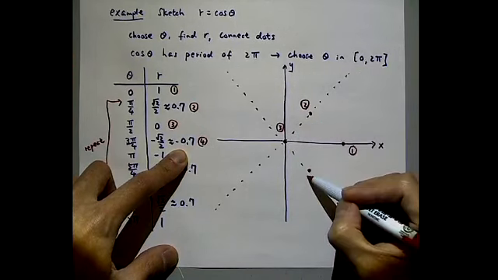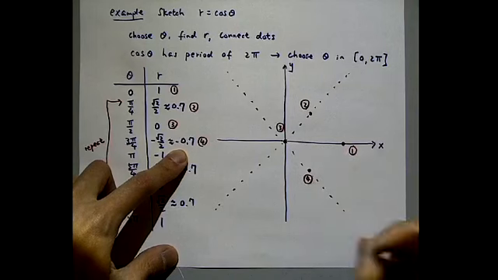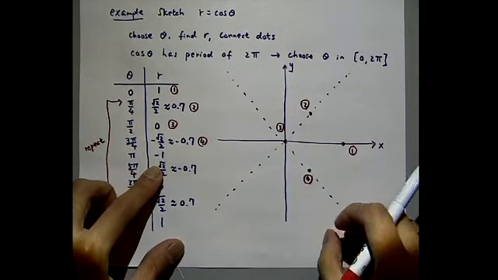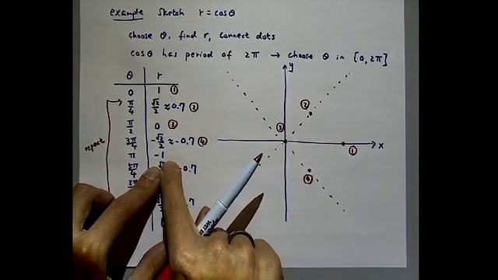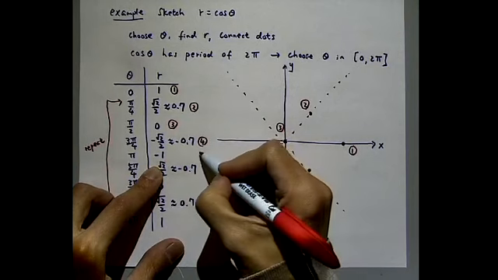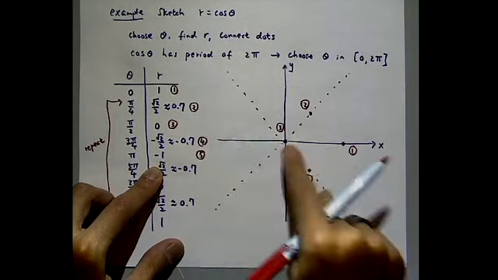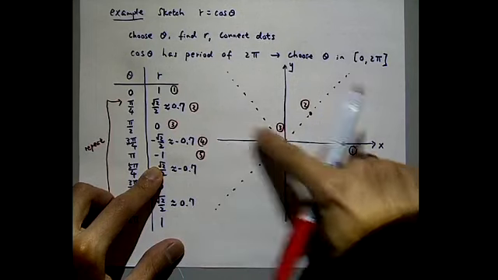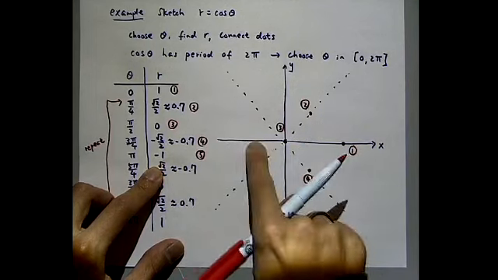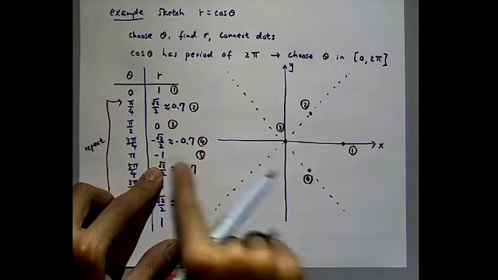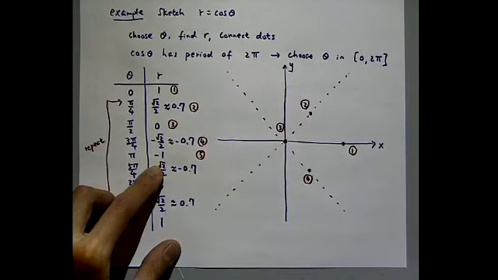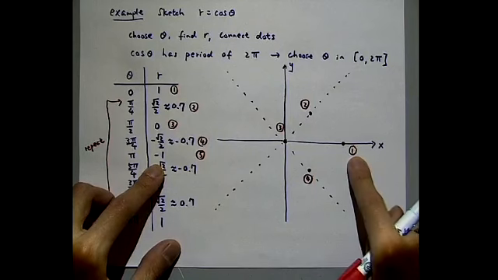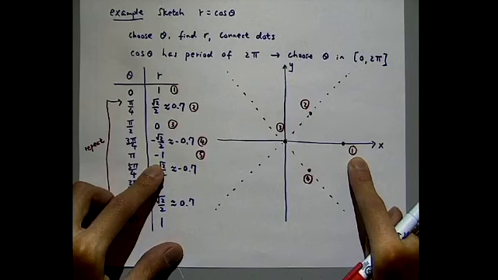So this is my point number 4. And then pi, 1, that's point number 5. Pi is right here, this direction. Positive r, I go in that direction. Negative r, I go backwards. So where is point number 5? On top of point number 1, right? See that? 1 and 5 are the same thing.